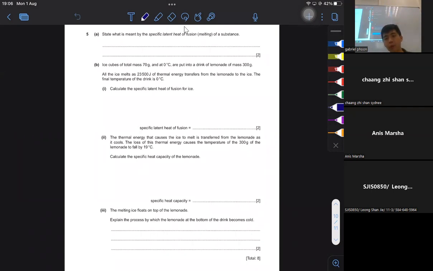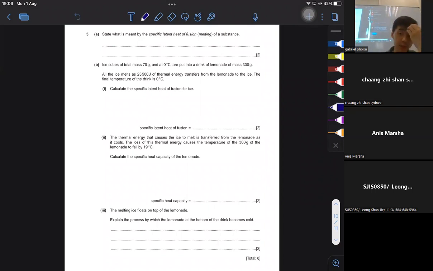Can you repeat about the fusion here? Let me type it out for you. The amount of energy needed to change 1 kg of a substance from solid to liquid without any change in temperature.